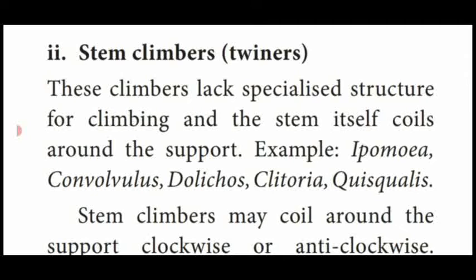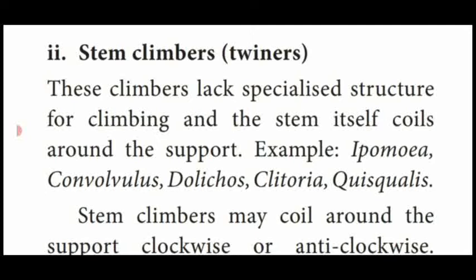Next one, stem climbers or twiners. These climbers do not produce any specialized structure in the nodal region, but the entire stem itself coils around the supporting plant without producing any special type of roots in the nodal region.